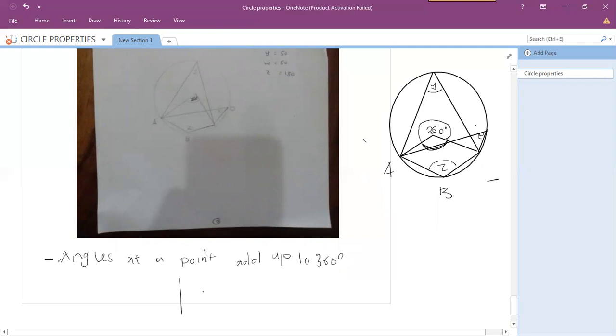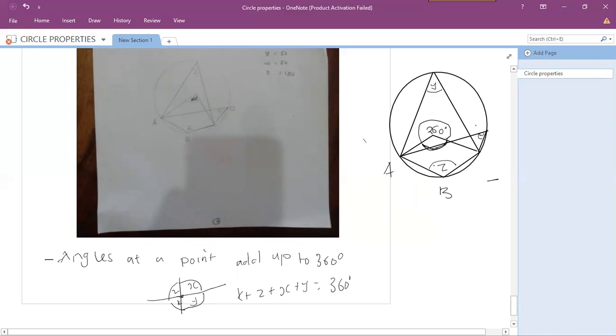So if I had a point there and I had certain angles like that angle, that angle, that angle, and that angle, and let's say this is X, Y, Z, and K, then K plus Z plus X plus Y will be equal to 360 degrees because they are angles at a point. Meaning this angle here and this whole 260 degrees will add up to 360.